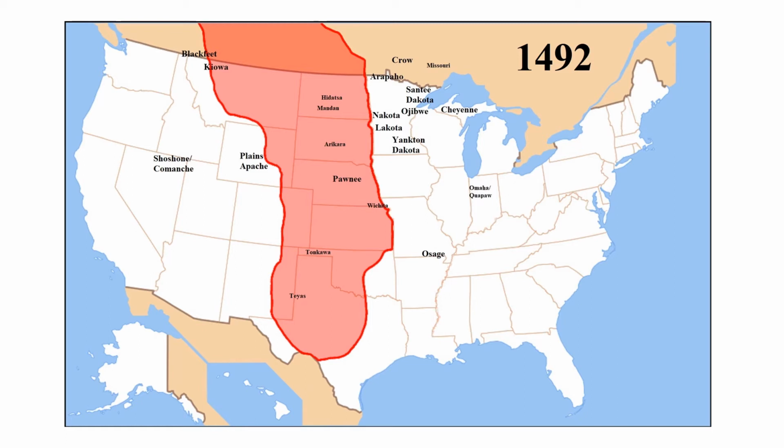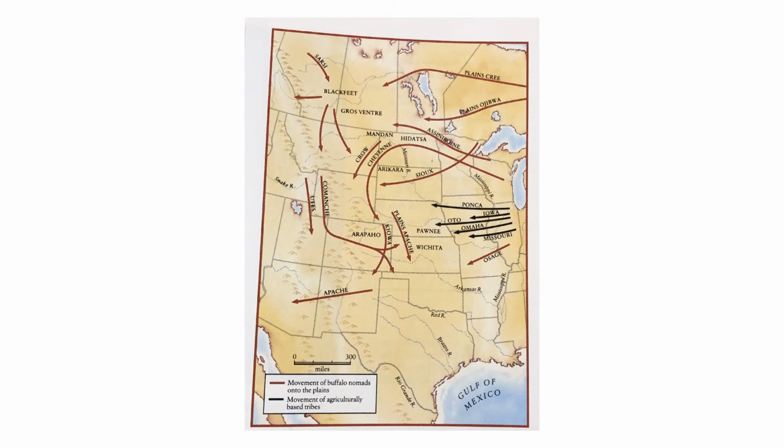It's hard to run down a buffalo herd on foot, although there were ways to do it, which we will look at, that some people did do. But at this time, without horses, with the climate as it was in the 16th, 17th century, it was just not that practical. Things are going to change, and more of these groups that are spread out here are going to come onto the plains, as indicated in this map.